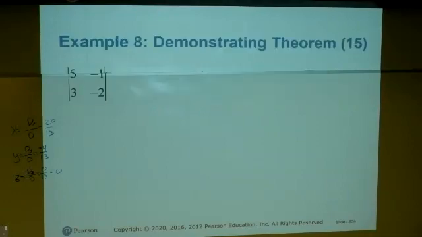So they show you this. The determinant here happens to be -7. So if we multiply the top row by k, and find the determinant, where k is any real number, not 0.